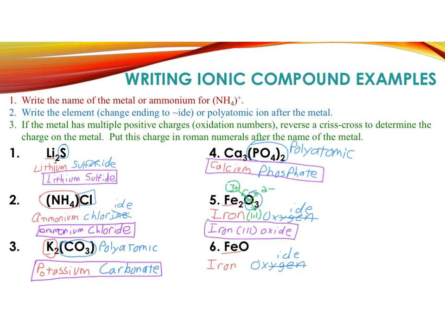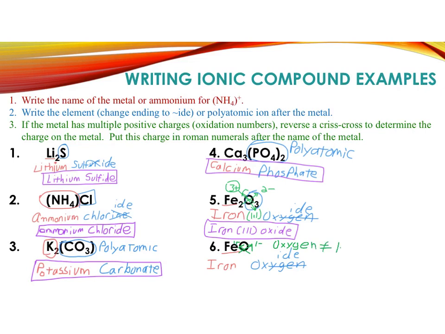Number 6, this is one of the hardest ones of these you could ever do because there's a little hidden trick. If I reverse my crisscross, I get a 1+ for iron. I get a 1- for oxygen. The problem is if I go back earlier in this PowerPoint or earlier in this video and look at the different tables, I do not get a 1+ for iron and I do not get a 1- for oxygen.